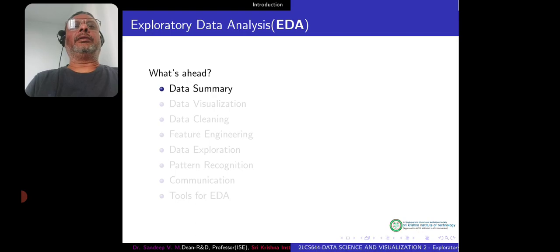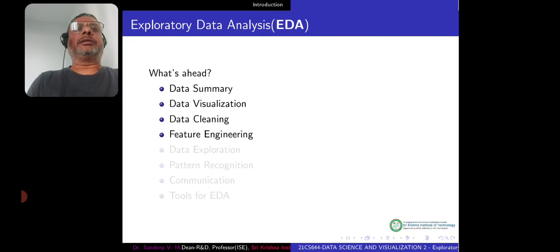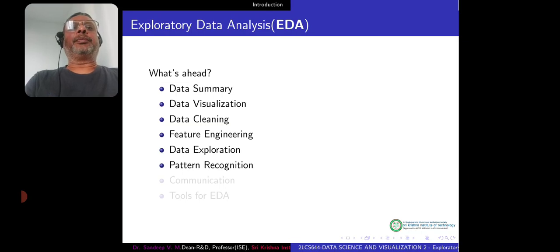So what we have on our way, a road map. We need to look at the data summary, data visualization, how the data is cleaned, the features from the data to be extracted, and then how to explore the data.